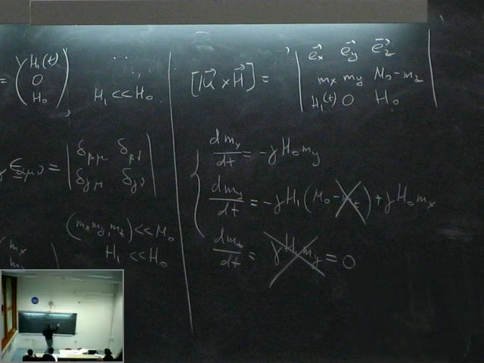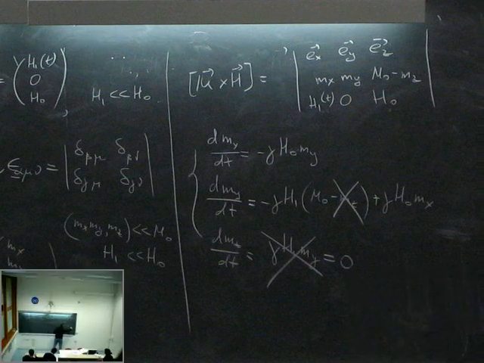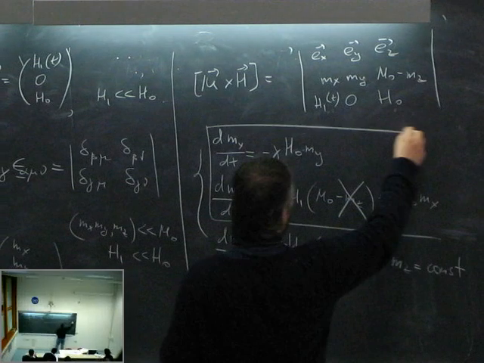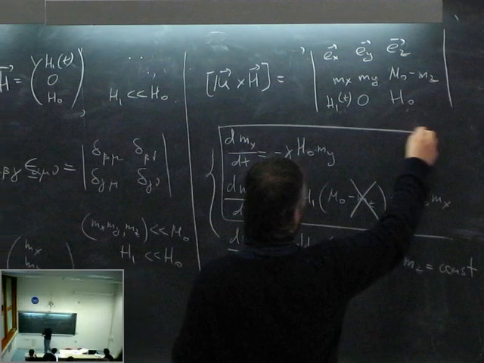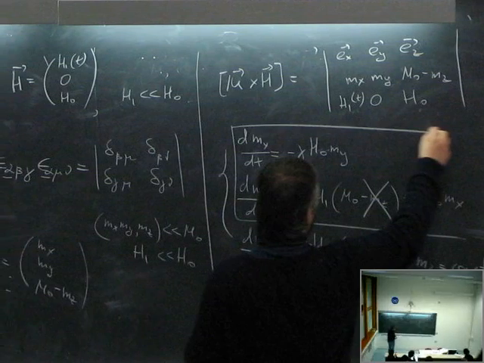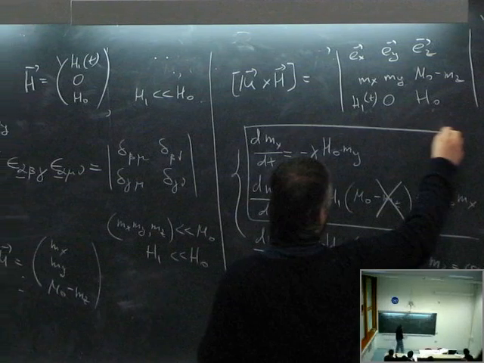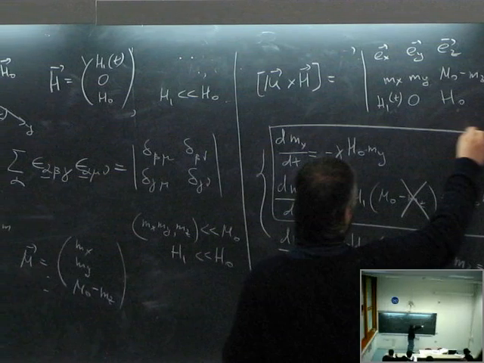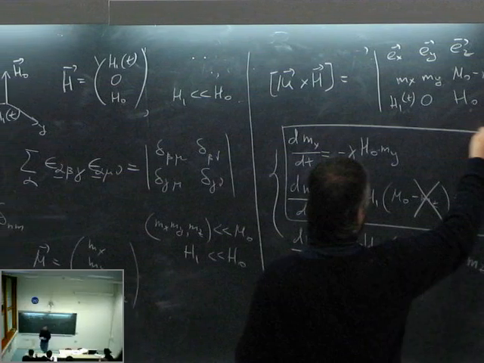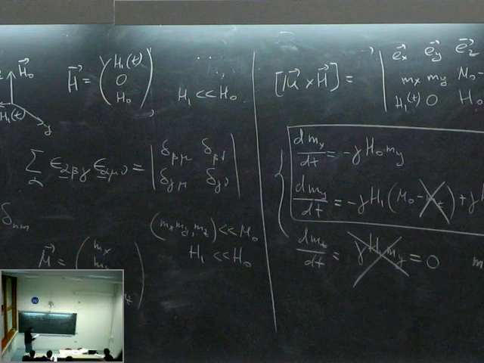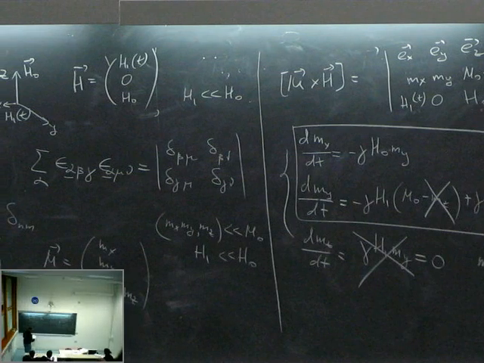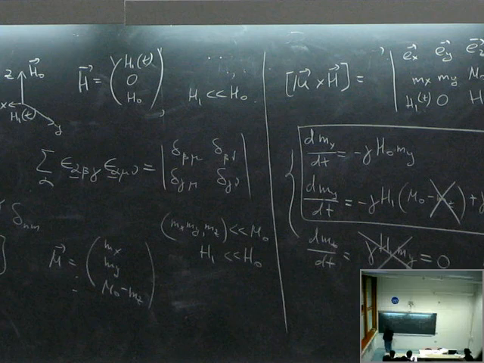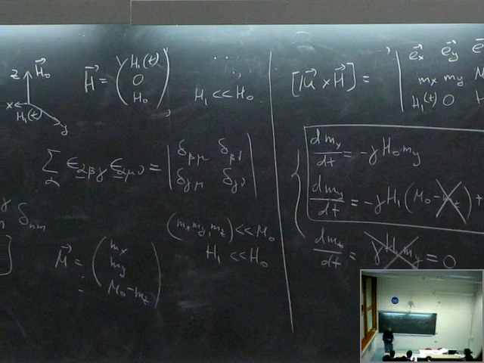But the remaining system of two equations is described in terms of mx and my. So I exclude one of the components. Why do we need that in my first equation?